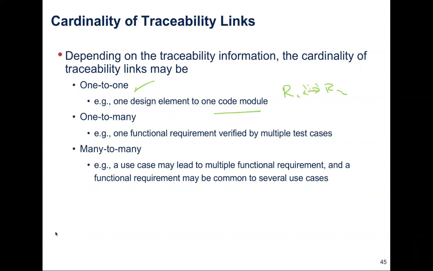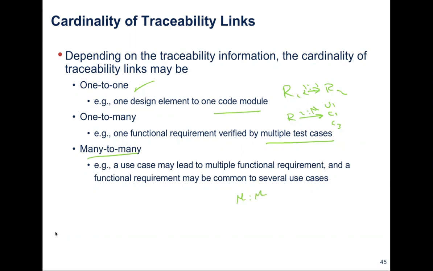Or it could be one-to-many. So I could have one functional requirement verified by multiple use cases: one requirement and use case one, use case two, and use case three. Or it could be many-to-many. A use case may lead to multiple functional requirements, and a functional requirement may be common to several use cases. So this is where we have many-to-many relationships.